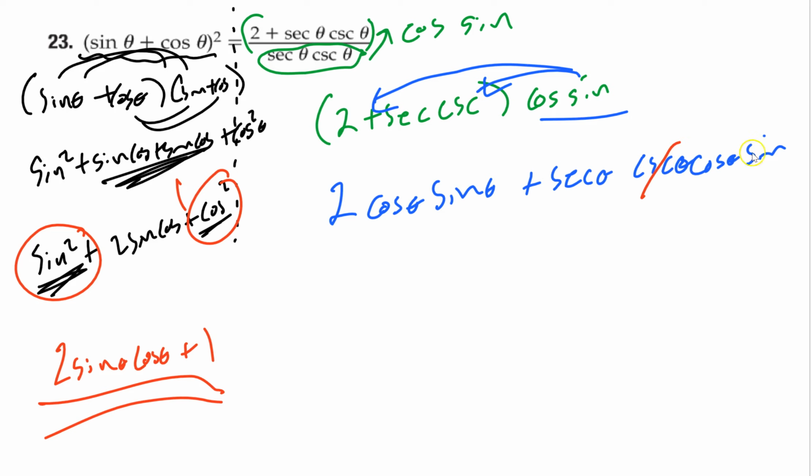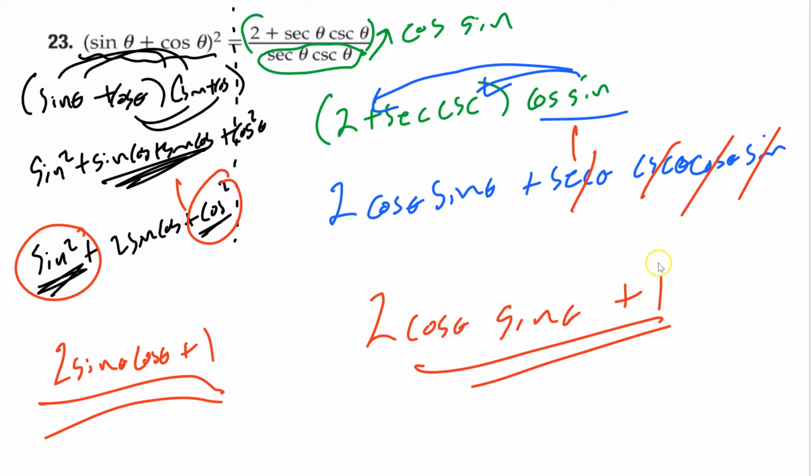Cosecant and sine cancel each other out because we multiplied. Secant and cosine cancel each other out because we multiplied. So you just get 1. So you get 2 cosine theta sine theta plus 1. So there you go. They equal each other. That equals that side. The whole point is to make these two sides match. So simplify the left side, then simplify the right side, and hopefully they match.